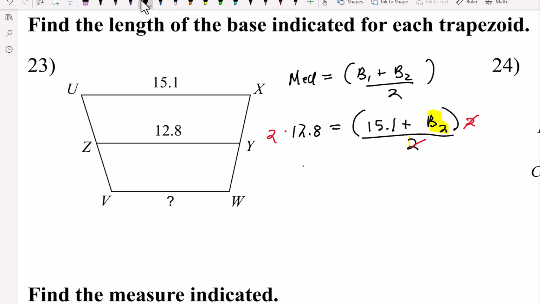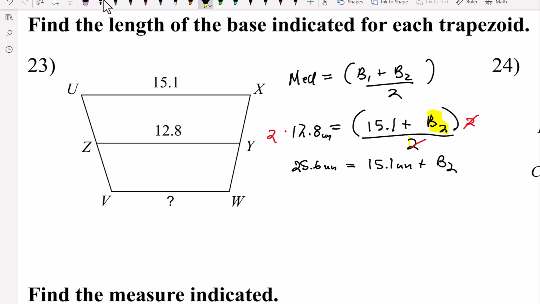Let me type it in. I think it's 25.6. But really quick, I'm going to double check because I make errors as well. 25.6, and again, these are units. Now that's 15.1 units plus base 2 in units.